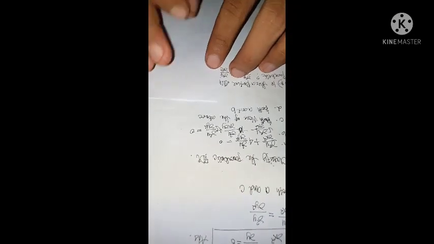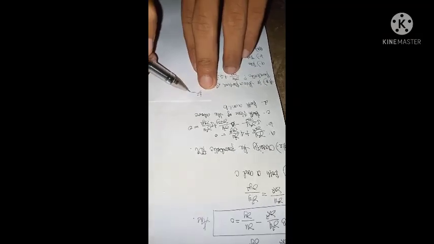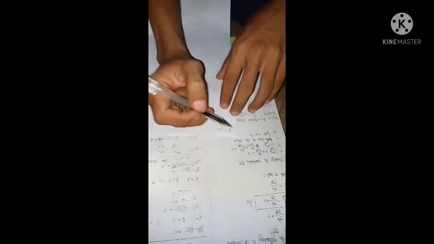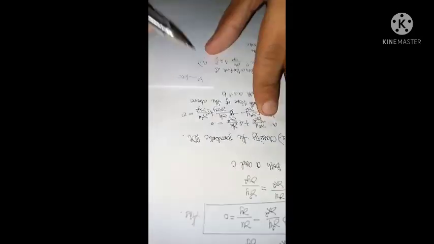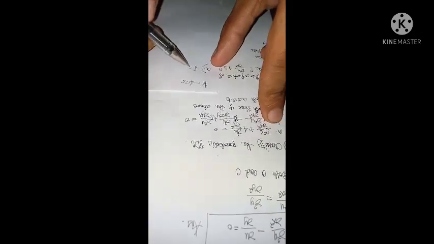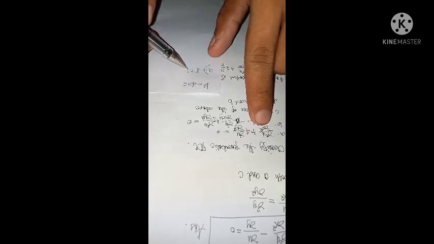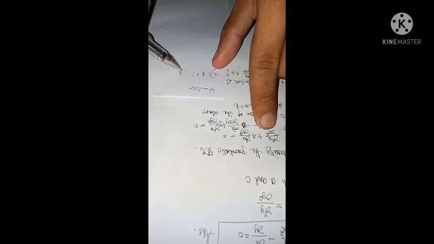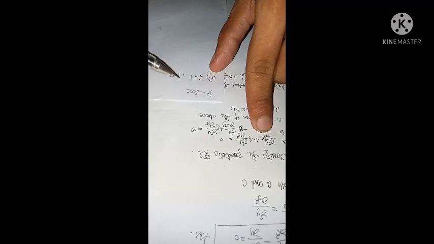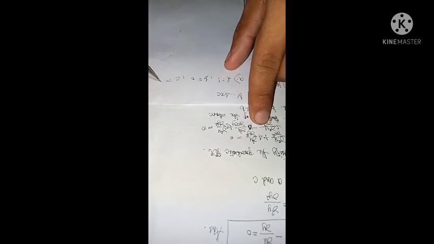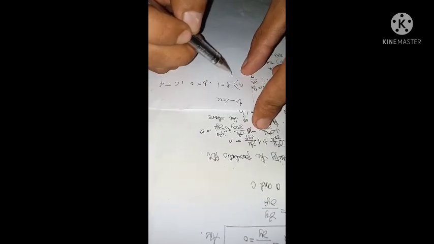So again, we will classify this by b squared minus 4ac. So letter A: A is equal to 1, B is equal to 0, and C is equal to 4. So b squared minus 4ac is equal to 0.